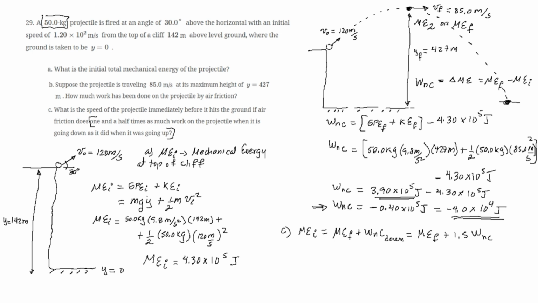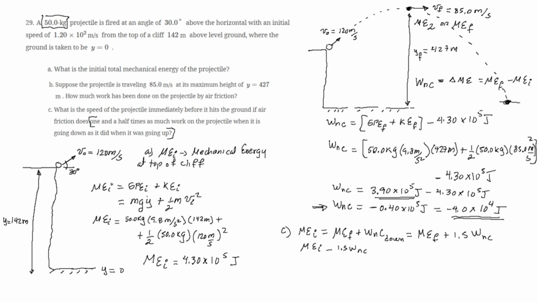So I can solve for the mechanical energy final. The mechanical energy initial minus 1.5 the work of the air resistance going up, because 1.5 is the work going down, is equal to the mechanical energy final.